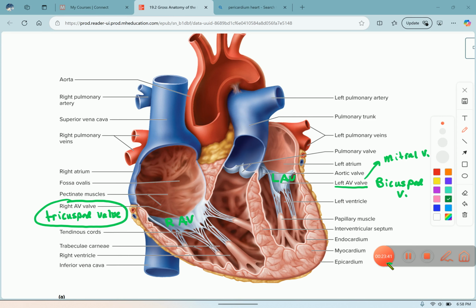Bi is 2, so you can see the 2 cusps, so that's why they call it the bicuspid. And on the right side, there's 3 cusps, so they call it the tricuspid.